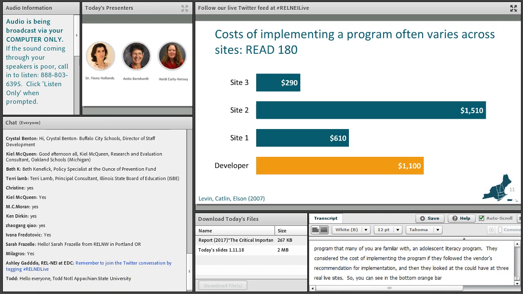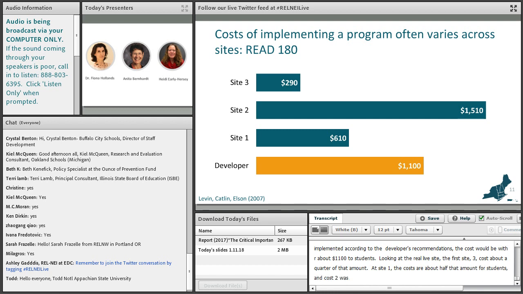So you can see in the bottom orange bar, if the program is implemented according to the developer's instructions, the cost would be about $1,100 per student. Looking at the real live sites, the first site, site 3, cost about a quarter of that amount. At site 1, the costs are about half that amount per student, and site 2 was $400 more than what you might expect.